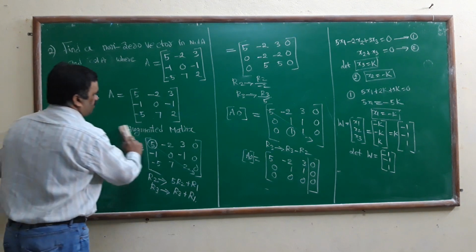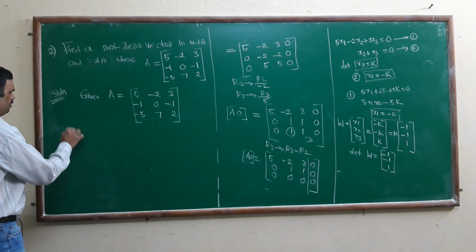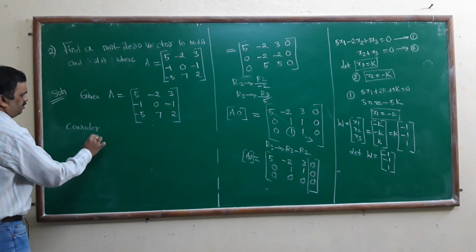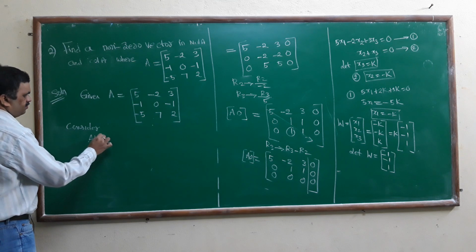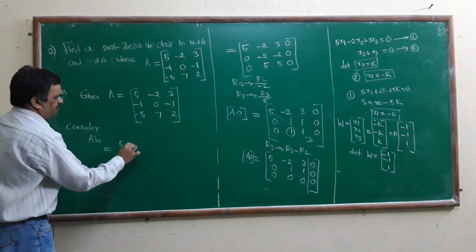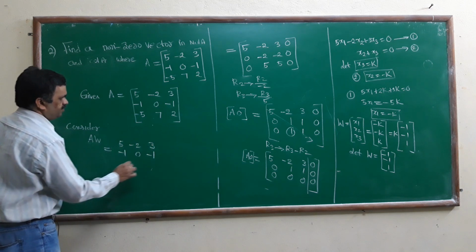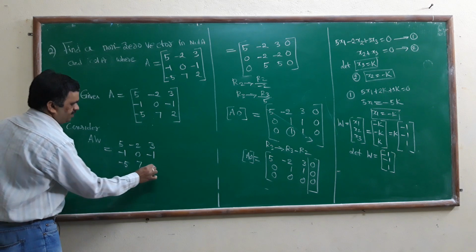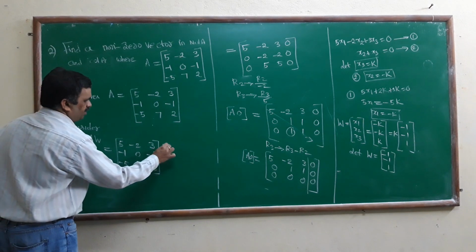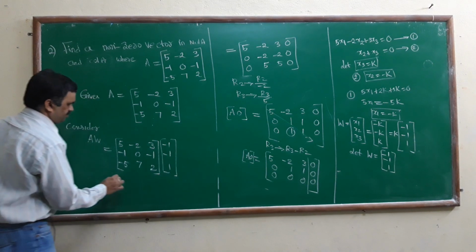Now I will consider Aw, equal to, already we have A: 5 minus 2 3, minus 1 0 minus 1, minus 5 7 2, times w, minus 1 minus 1 1.